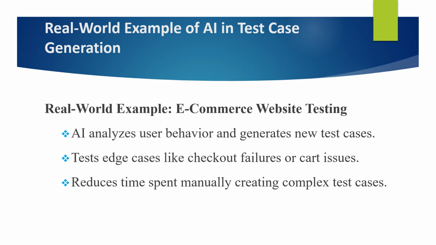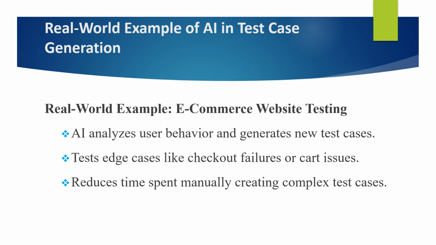Let's look at a real world example. Suppose you're testing an e-commerce website. You have hundreds of features, from product search to checkout. Now, using traditional methods, creating test cases for every scenario would take days, if not weeks. But with AI, you can automate the generation of these cases.